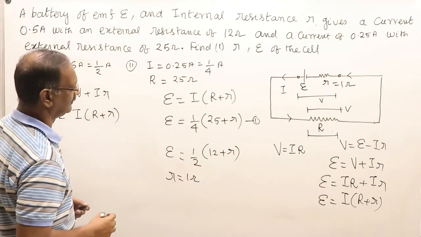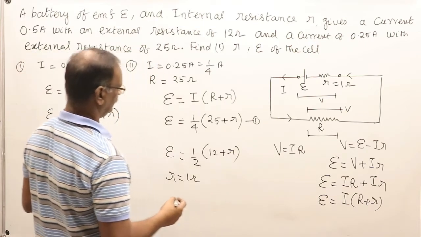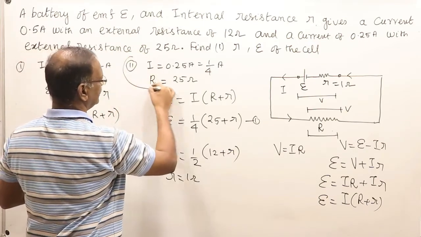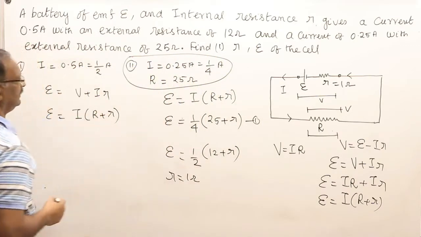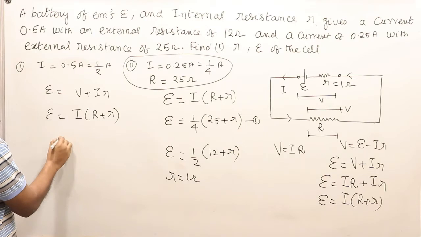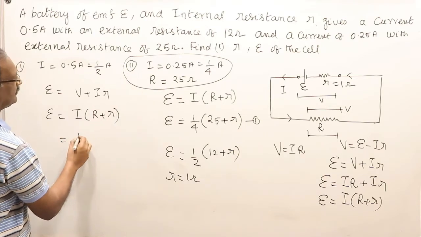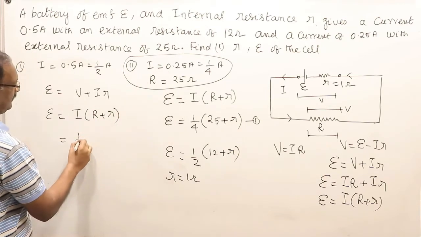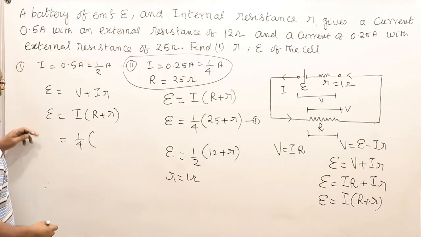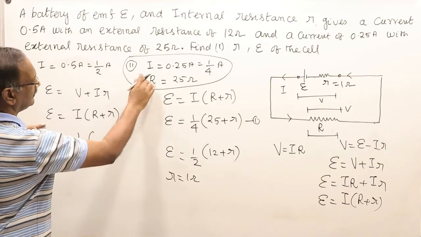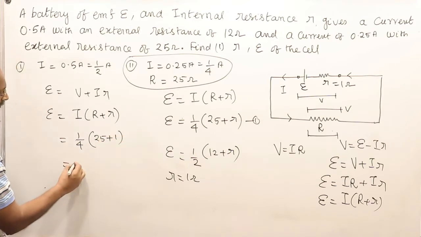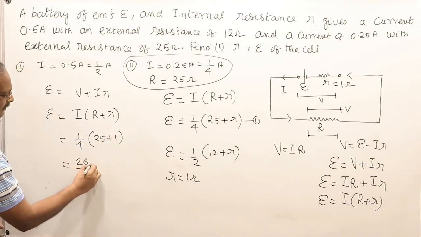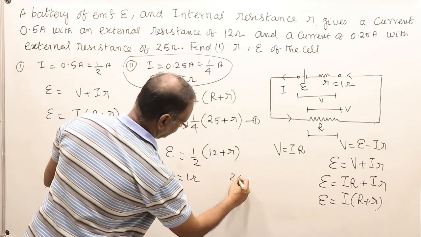We will take one set of values, or we can take any set of values. EMF is equal to I, which is 0.25 ampere, into R plus r, where R is given as 25 plus the internal 1, which is 26 by 4.